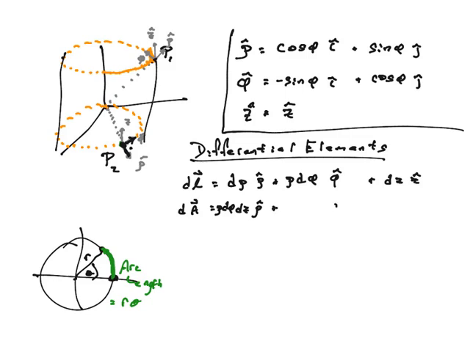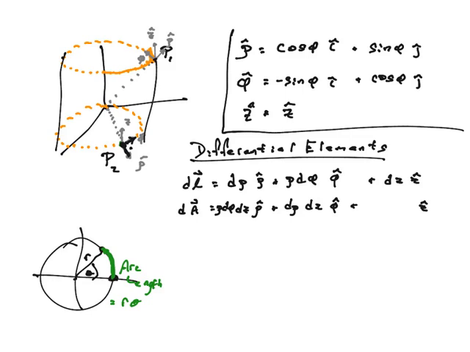Likewise, for the phi hat direction, I need how much changes in the rho direction and how much changes in the z direction. The rho direction changes by d rho, and the z direction changes by dz. And then lastly, in the z direction, I need to know how much rho changes and how much phi changes.